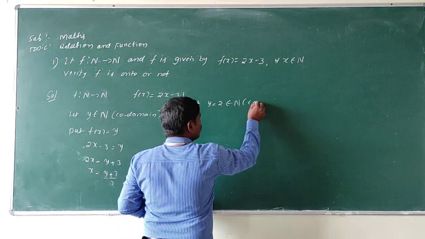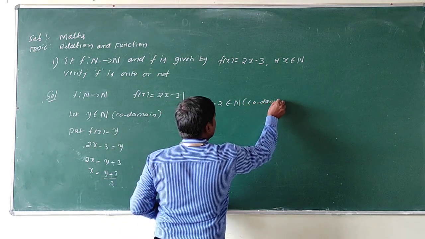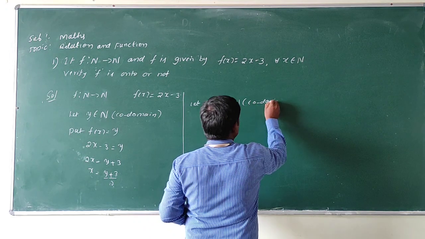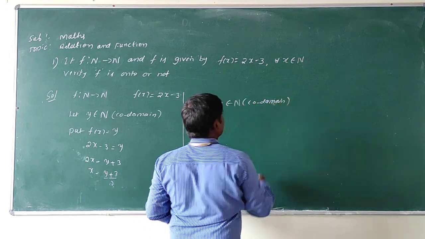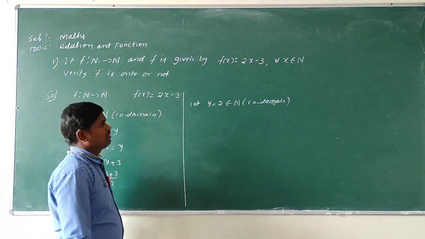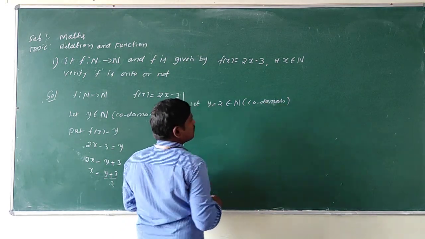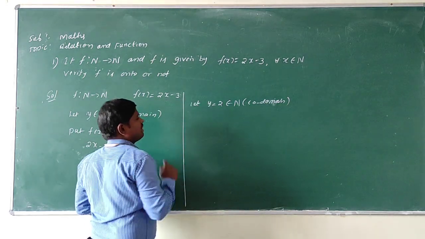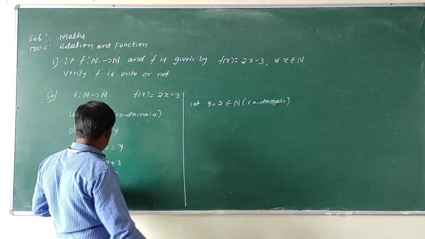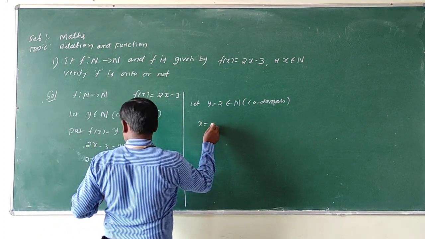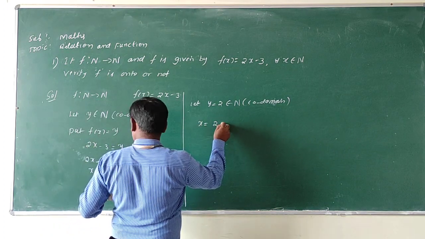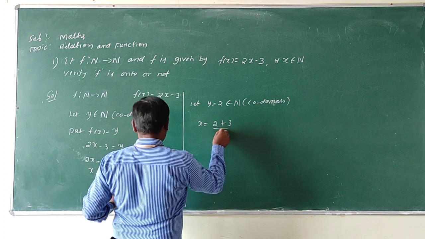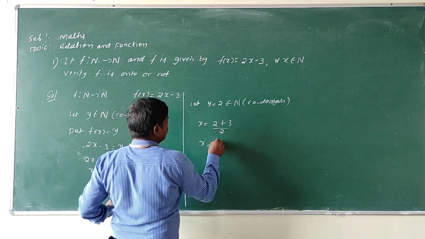That means y is in the codomain, one of the natural numbers. So what do we know? Then x is equal to 2 plus 3 divided by 2, then x is equal to 5 by 2.